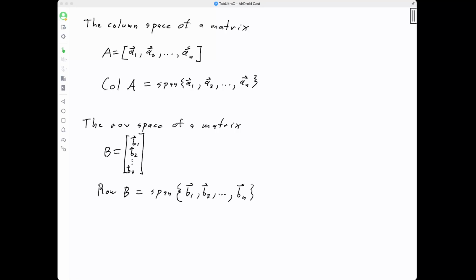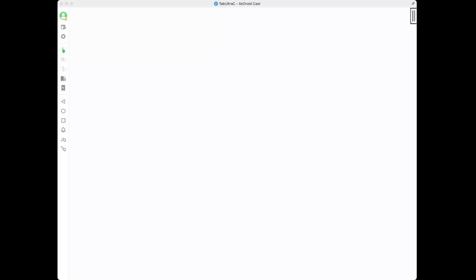So sometimes we take the transpose of a row vector to turn it into a column vector and think about it that way, but it is still the same idea. Okay, so these are all significant ideas.